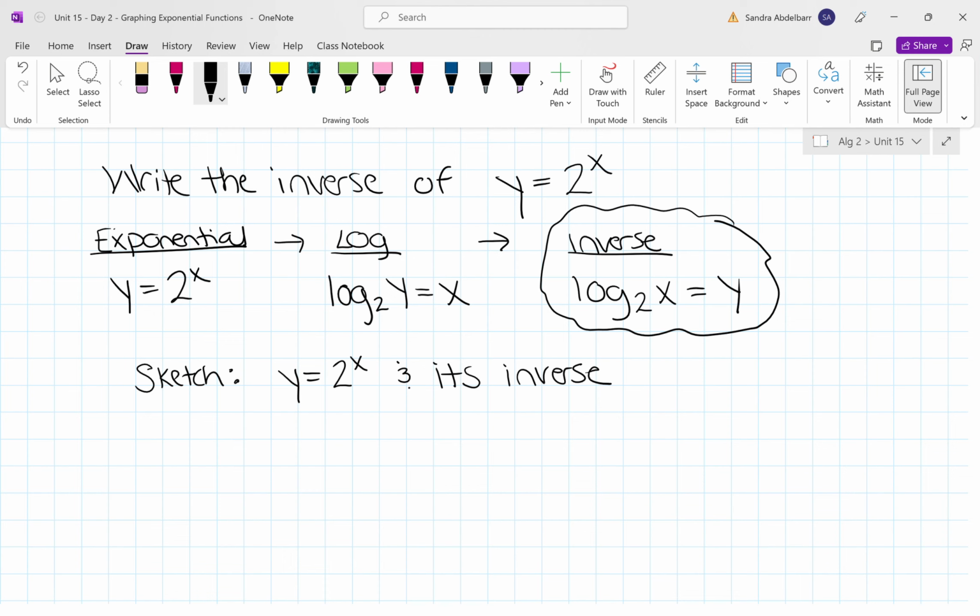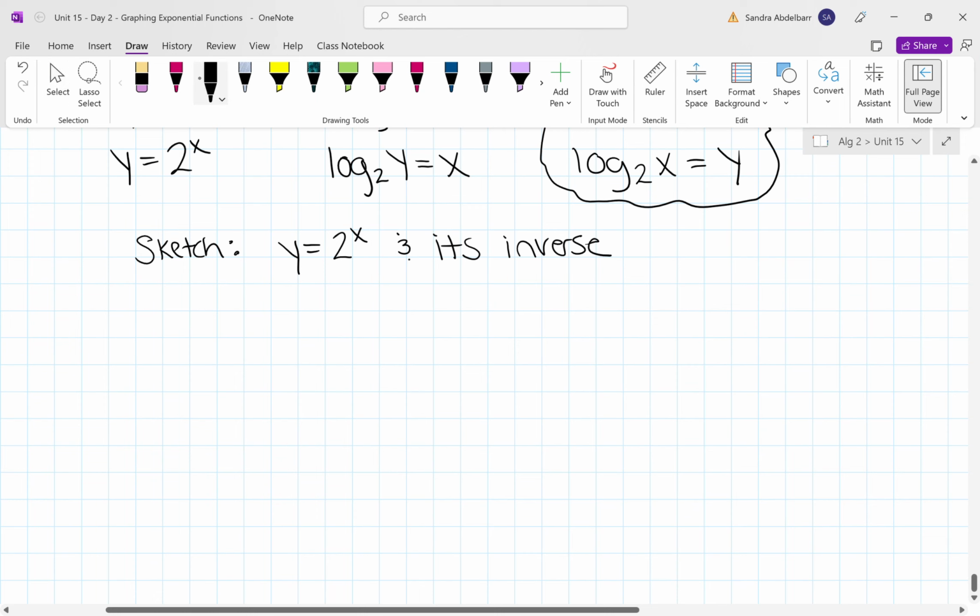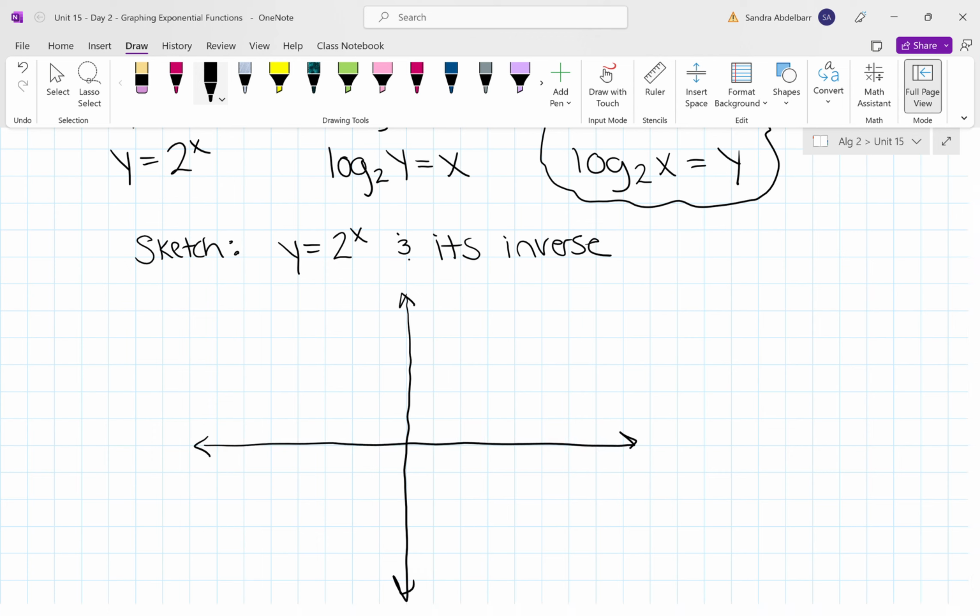Okay, we ready? If we're sketching y equals 2 to the x, that should be fairly simple for us. Why? Because we're not shifting at all, right? So this is an exponential. What is my key point here?